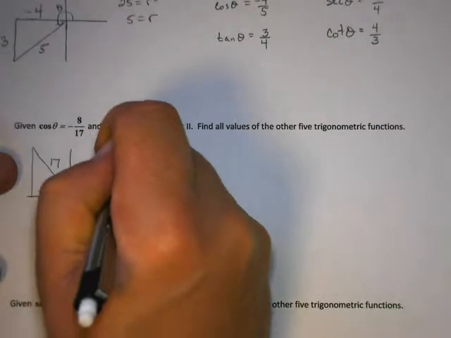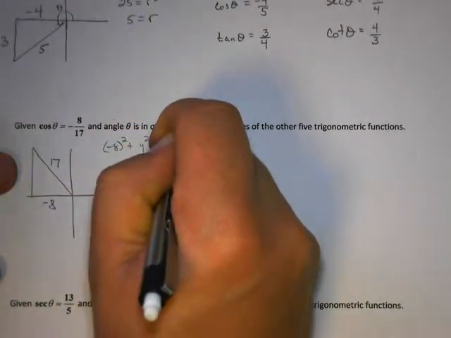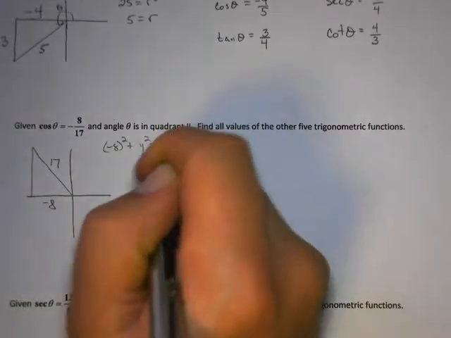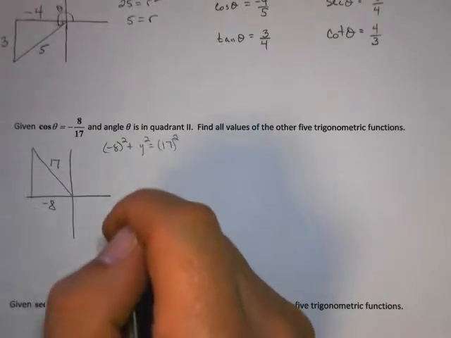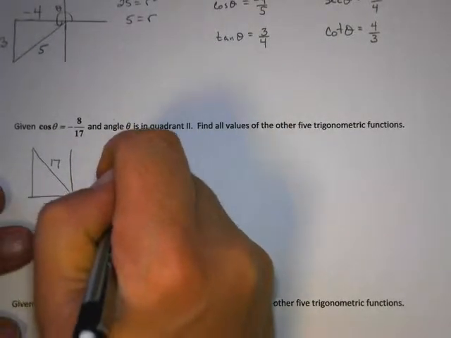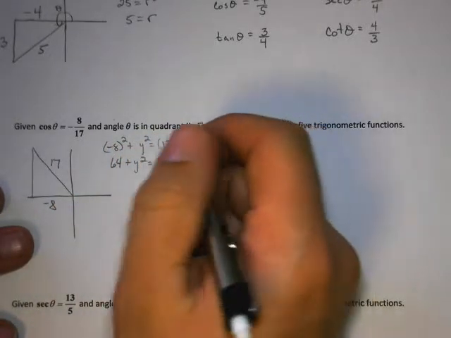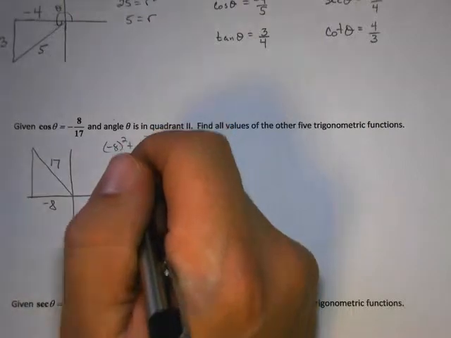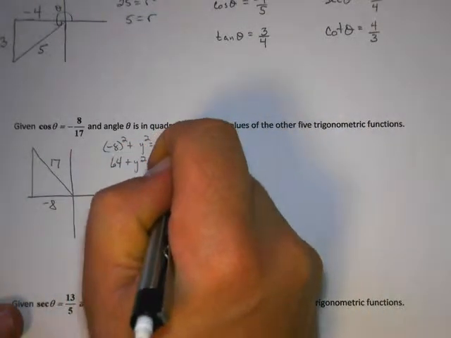Now, negative 8 squared plus y squared equals r squared as we go through. So we're solving for that Pythagorean. So this is 64 plus y squared equals 17 squared, which is 289.